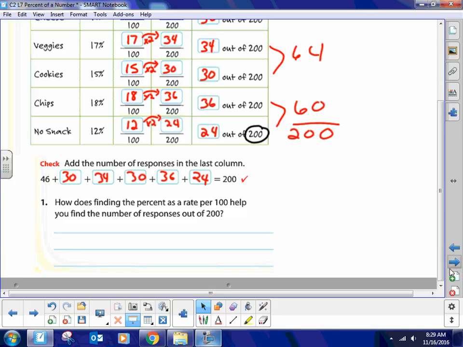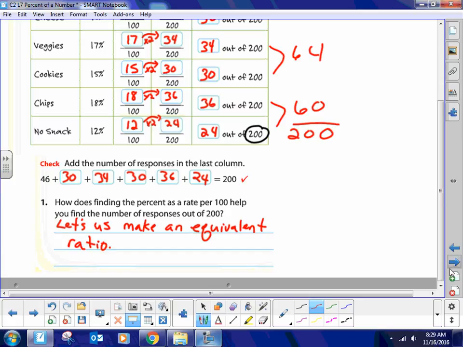So how does finding the percent as a rate per 100 help you find the number of responses out of 200? It lets us make an equivalent ratio.